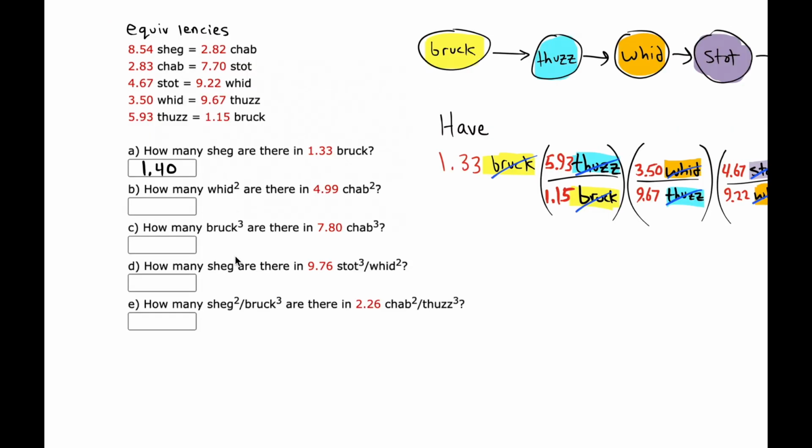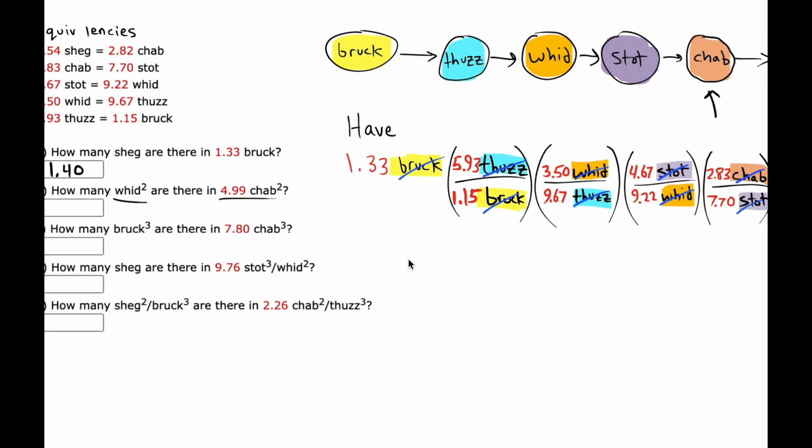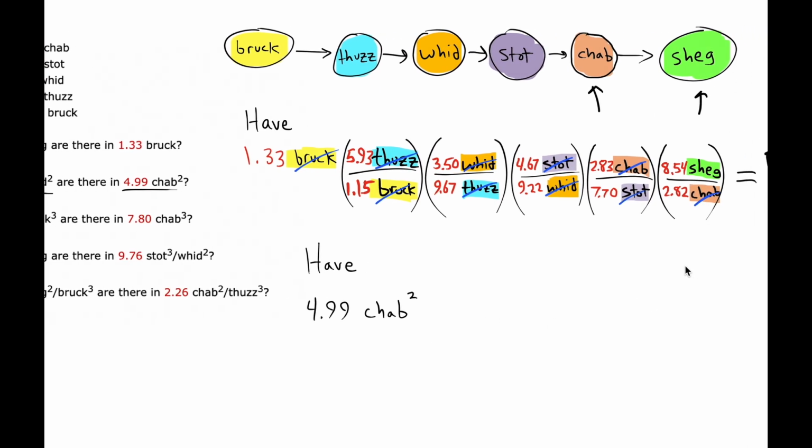Okay, our next problem here is to convert 4.99 chab squared to wid squared. So let's write down what we have on the left. And then what we want on the right.